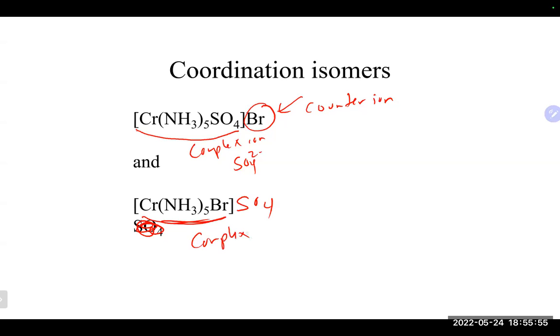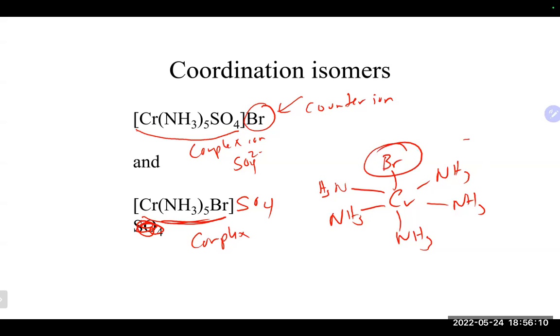The difference is we still have the 5 ammonias, but in this case, directly attached to it is the bromine. And again, here serving as the counter ion would be the sulfate. So these are what are known as coordination isomers.